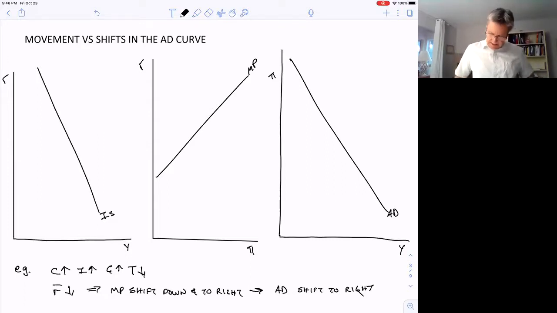And up above that, if consumption goes up, or government spending goes up, or taxes go down, that's going to make the IS curve shift to the right, which would then make the aggregate demand curve shift to the right.